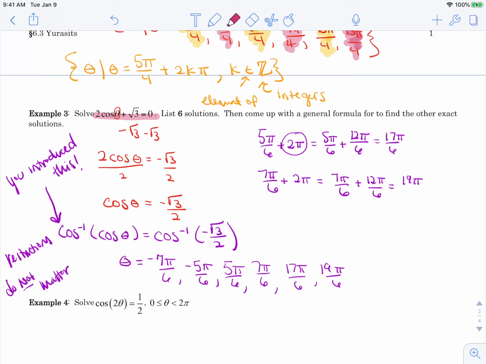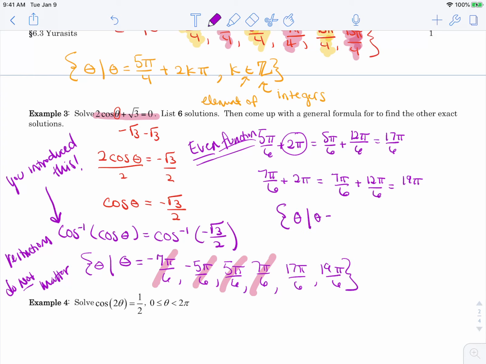Now this is kind of cool, bringing in some things from Unit 5. Look at this. The negative and the positive work. The negative and the positive work. And that is because, pulling it all in together, cosine is an even function. Now, if you wanted to come up with a general formula, and let me throw this into set brackets to get you into good habits, it would be theta such that theta equals the very first one you hit going in the positive direction.